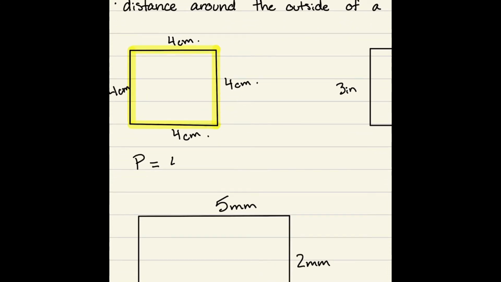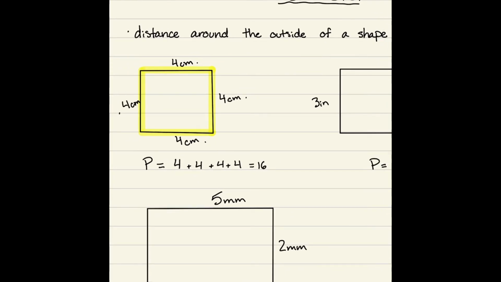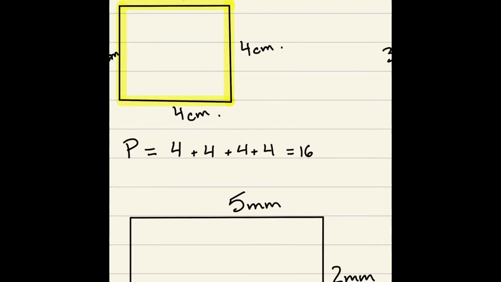So we have 4 plus 4 plus 4 plus 4 is equal to 16. Now, there is actually an even easier way to do this if you know your multiplication tables. Because there are 4 sides and we know that they're all the same length, we can also do 4 times 4 is equal to 16.